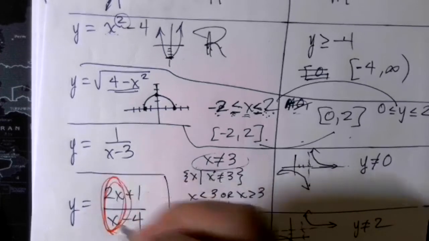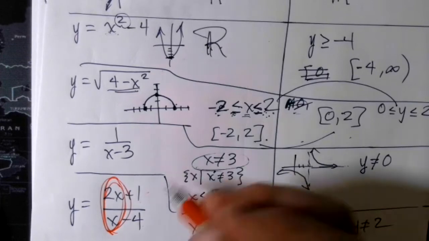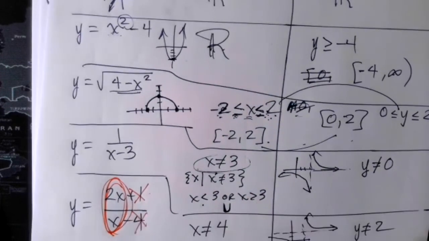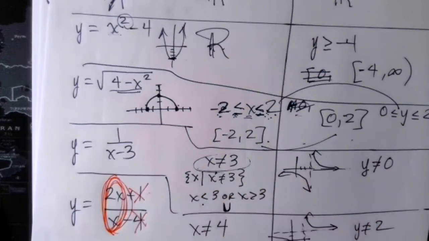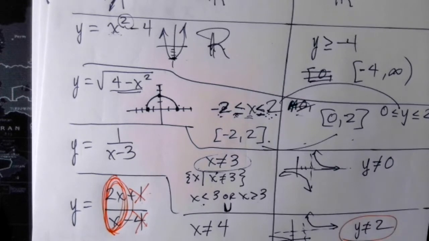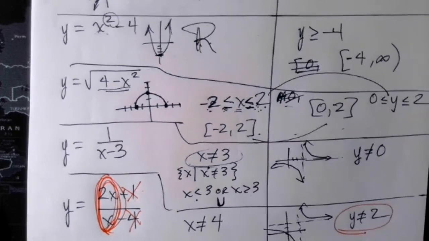So the bigger x is, either in the positive direction or the negative direction, the less this means. And that's what happens with a horizontal asymptote, it's all about matching up the highest degree term. So y not equal to 2 is the horizontal asymptote. It is the value that y can't be.